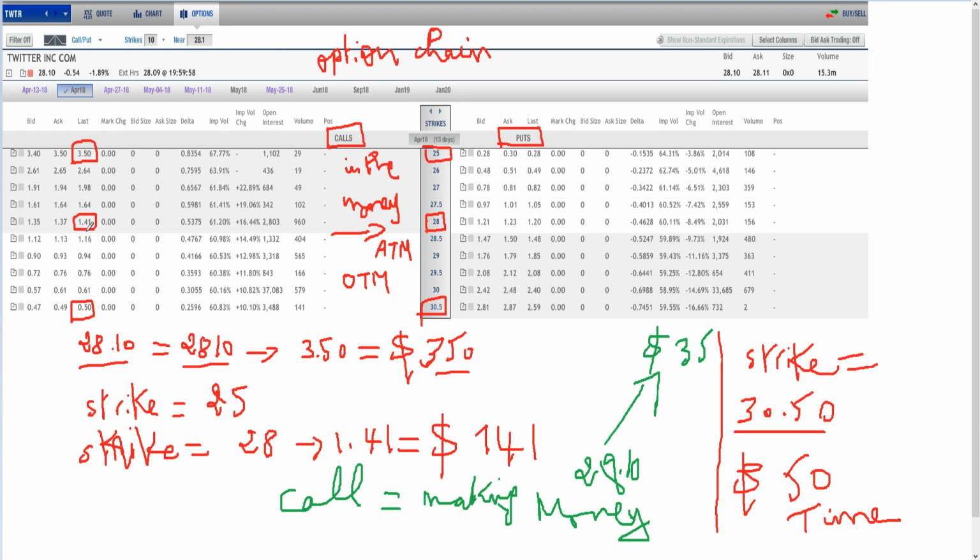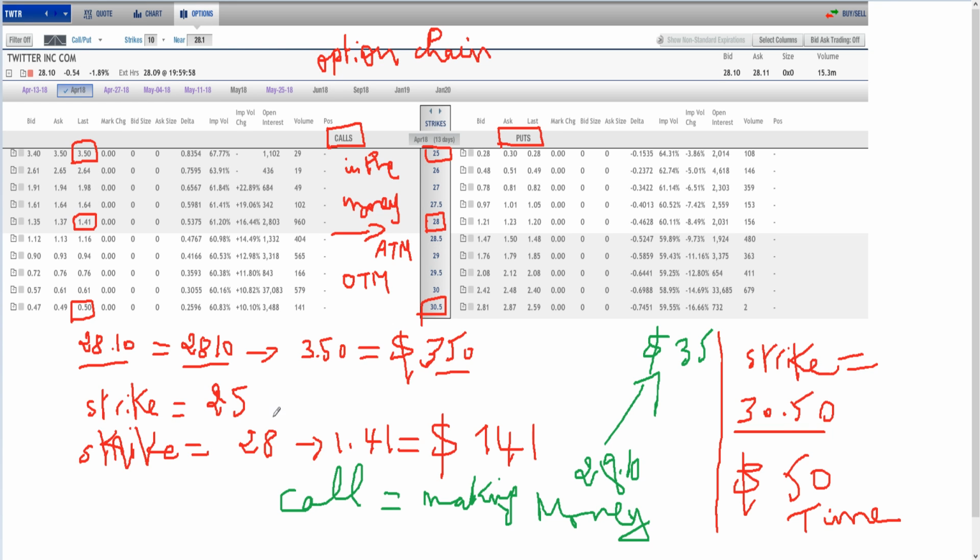Okay? But the opposite happened. Let's say $28.10 for today, which is Friday, 6 April 2018. What if the stock, Twitter, is going down from 28, it's going down to 27, 25, 20. All this, what you see here, will be going down, and you are losing money.